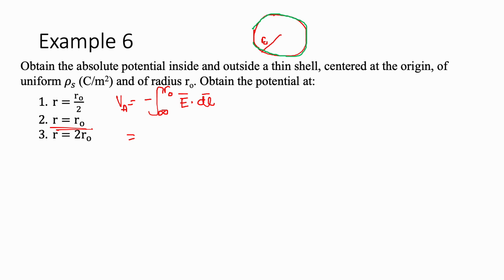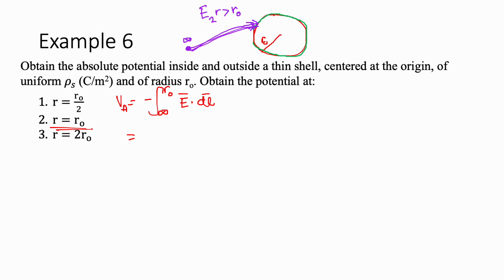The origin starts somewhere around infinity, and it will reach this position. The environment of the E field involved here is r larger than r naught, so the E field involved is E2.